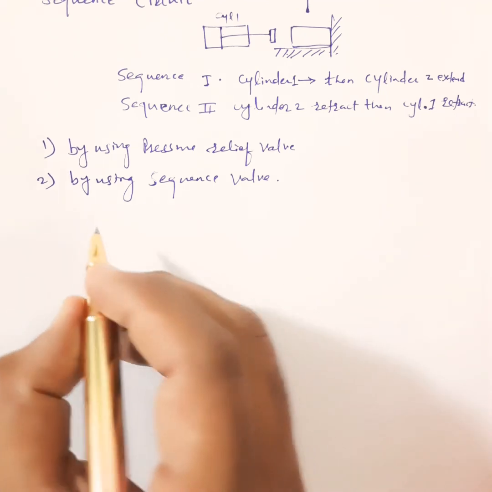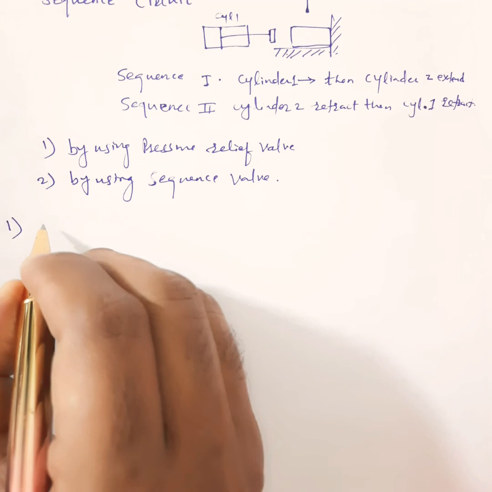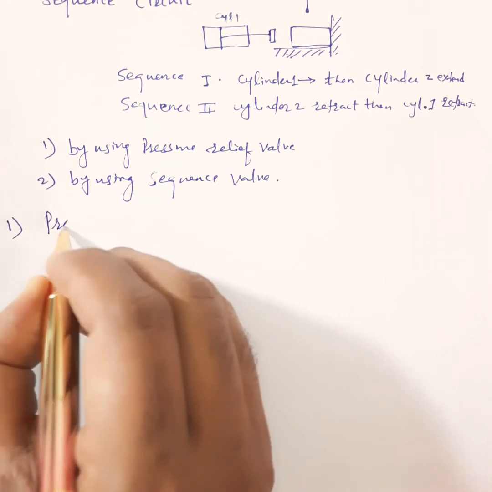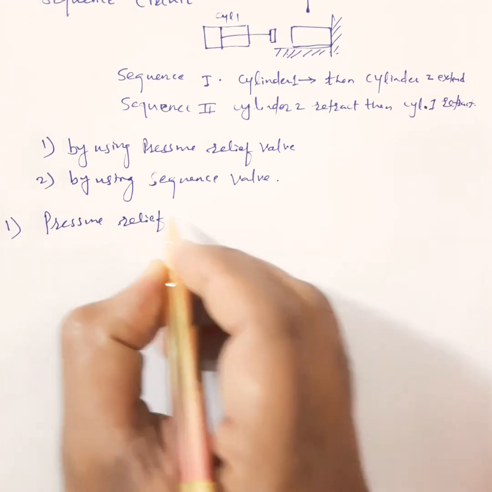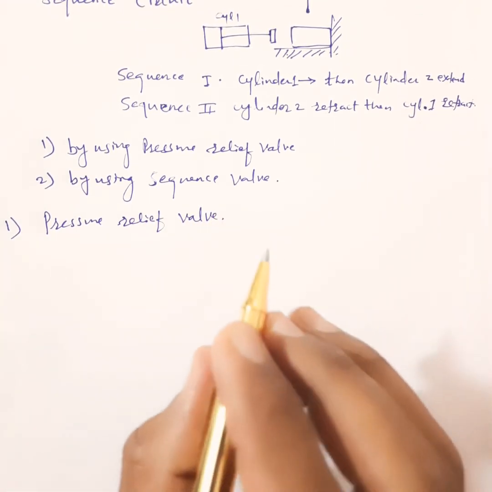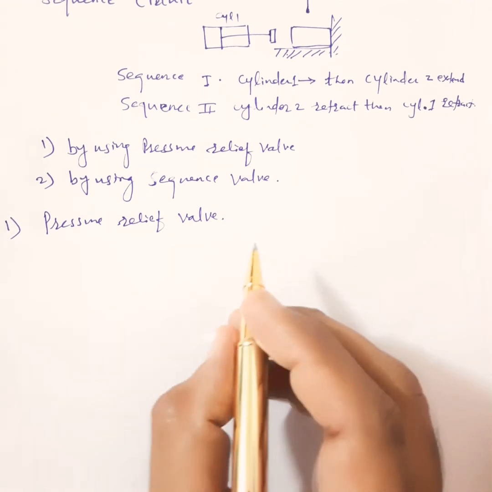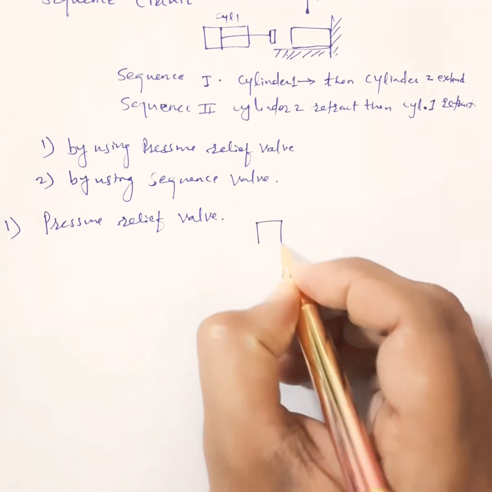Here we have the pressure relief valve, which we have seen many times. The pressure relief valve opens only when the pressure increases. The symbol of the pressure relief valve is like this.